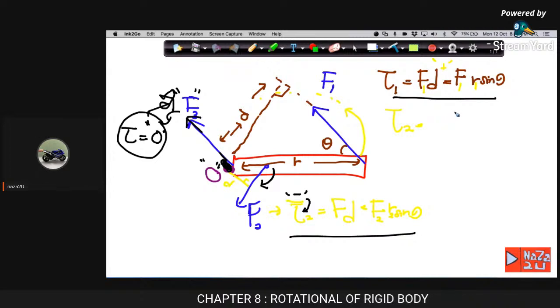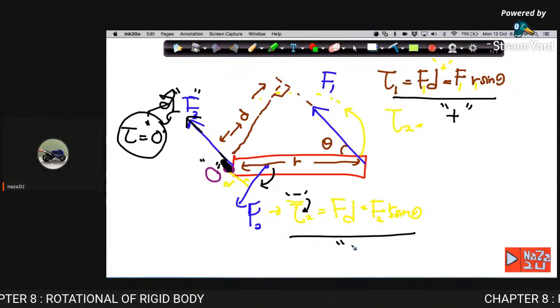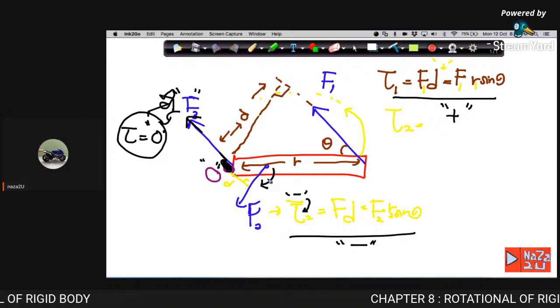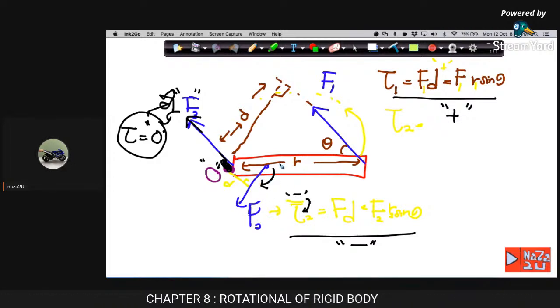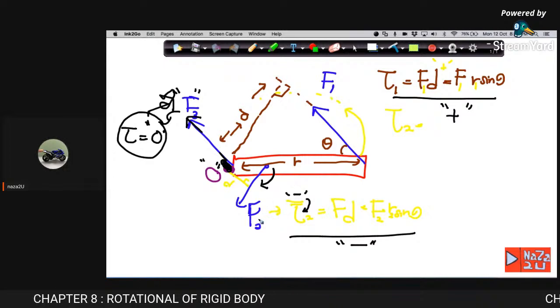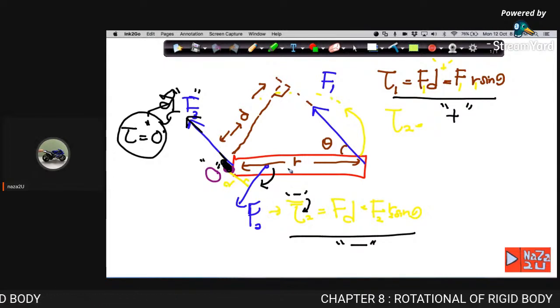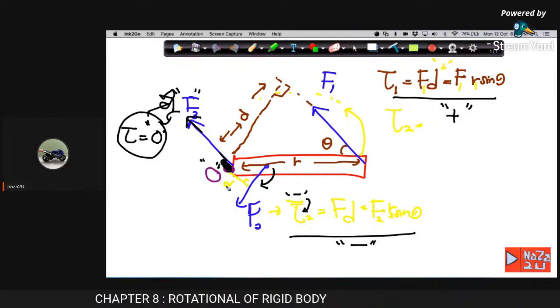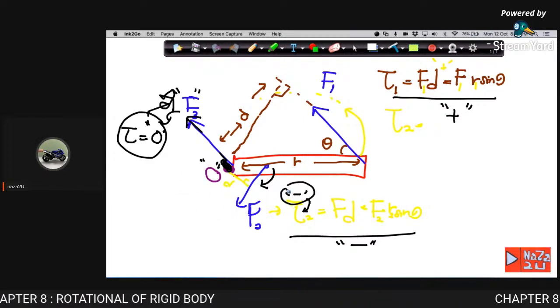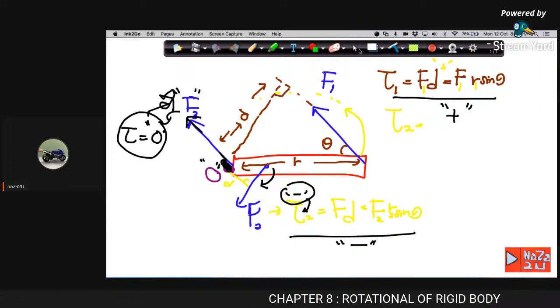The first torque is positive because anti-clockwise, and the second torque is negative because the force 2 acts on the metal rule and makes it rotate clockwise. So we have a negative torque for the second force.